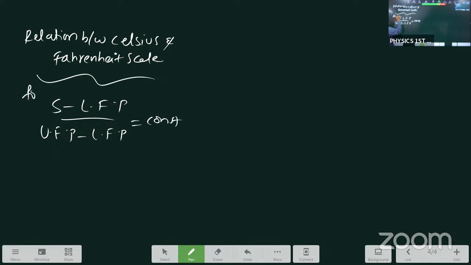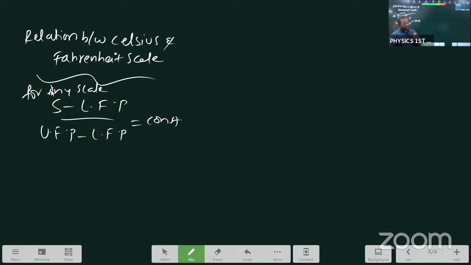For any scale, this is the fixed formula. What is the meaning of this? In total, we have different scales: Celsius scale, Fahrenheit scale, Kelvin scale, Rankine scale, Reamer scale.